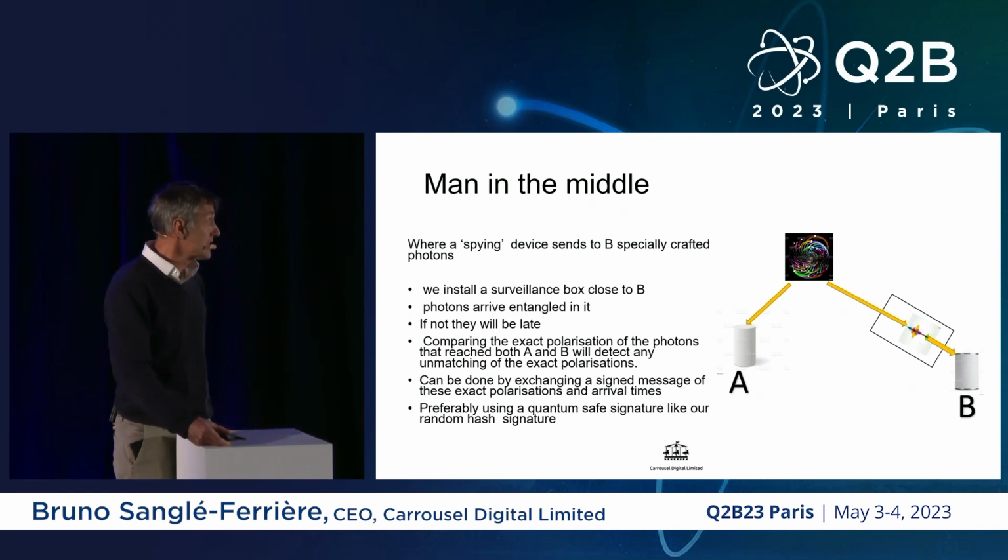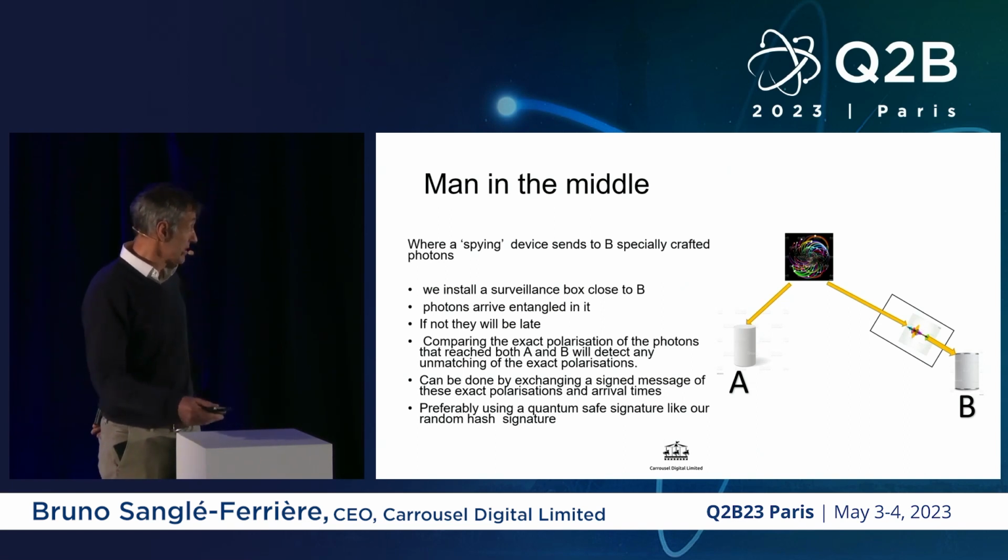So we send a signed message between A and B saying, I got this photon arriving in this state and at this time, and this photon arriving in this state at the other time. And by checking this, we will make sure that the photon arriving in B was entangled with the photon arriving in A, because the polarizations match.